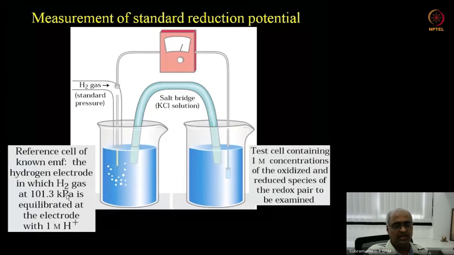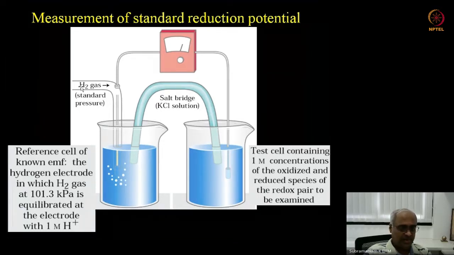When you have that pressure of the gas, that is taken for the standard electron potential. Here the proton concentration will be 1 molar. If it is not gas, if it is something dissolved, then it is 1 molar concentration. So the reduction potential when the concentration is 1 molar and temperature is 25, you call it standard reduction potential.